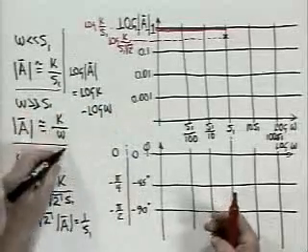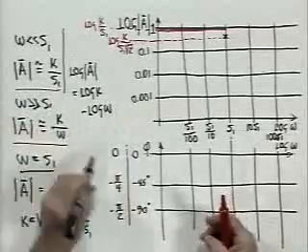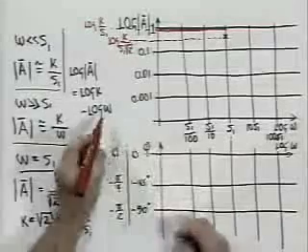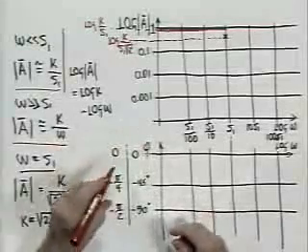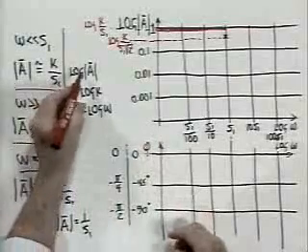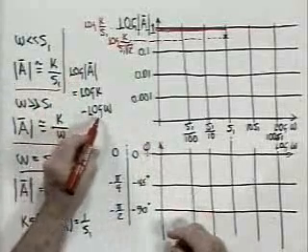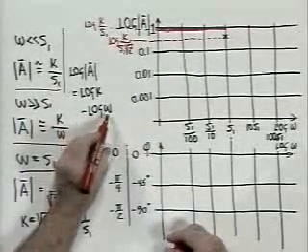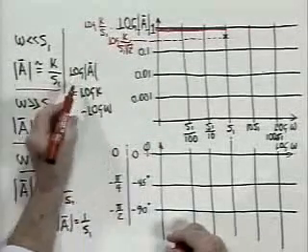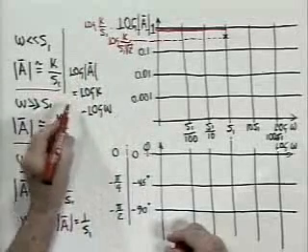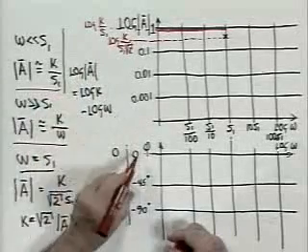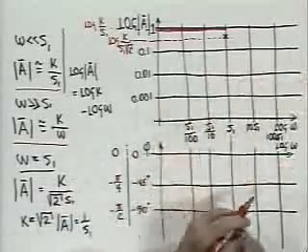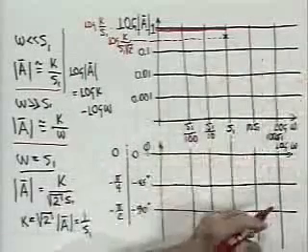That is, the logarithm of a quotient is the logarithm of the numerator minus the logarithm of the denominator. If you look at this relationship, log A is then a linear relationship with respect to log omega. That is, log A versus log omega is a straight line with a slope of -1. So somewhere on here, we've got to draw a straight line as the asymptote with a slope of -1, but the question is, where do I draw it?